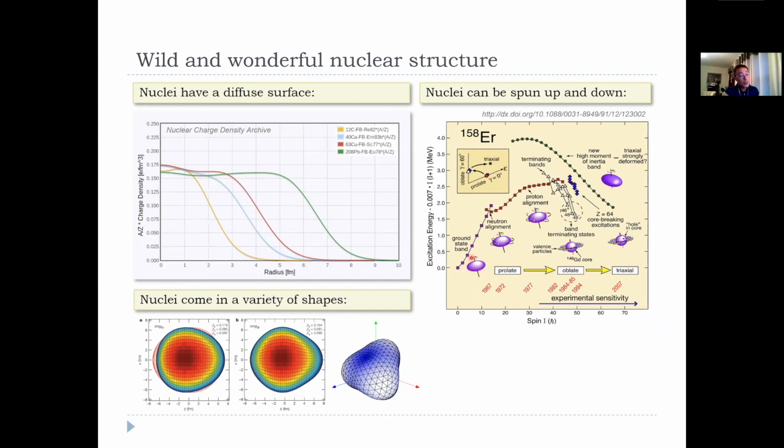And as you start spinning it up, the nuclear spin can be pumped all the way into the 50s. So nuclear spin of 99 halves is actually realistically achievable and measurable in the excited states of some nuclei.